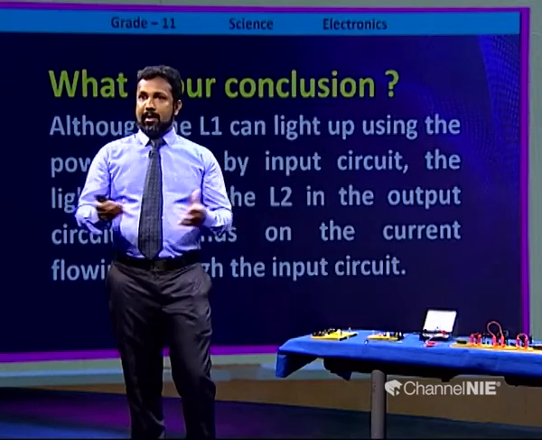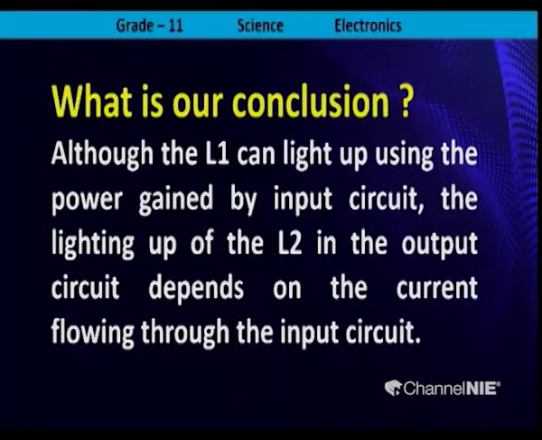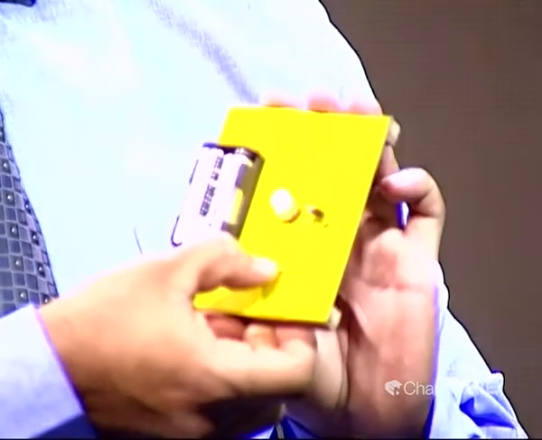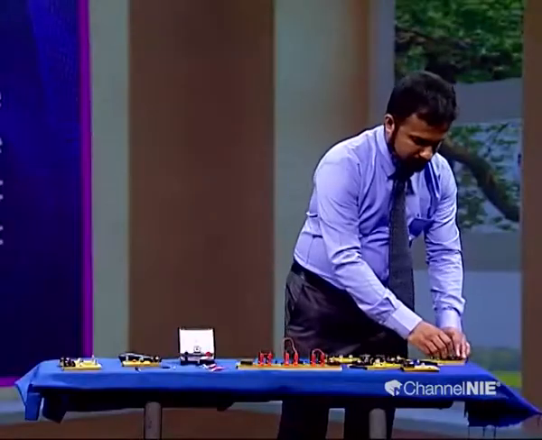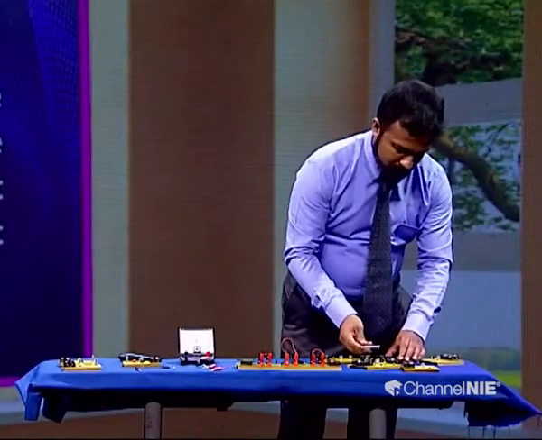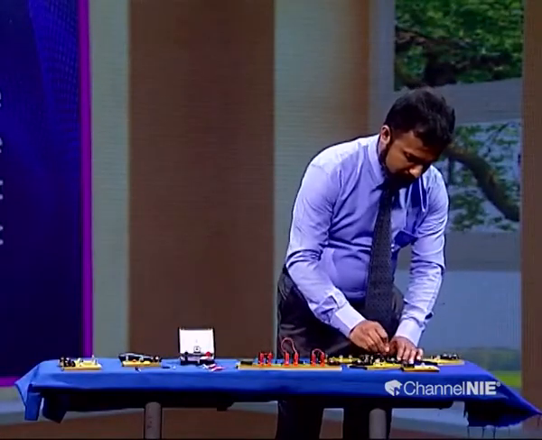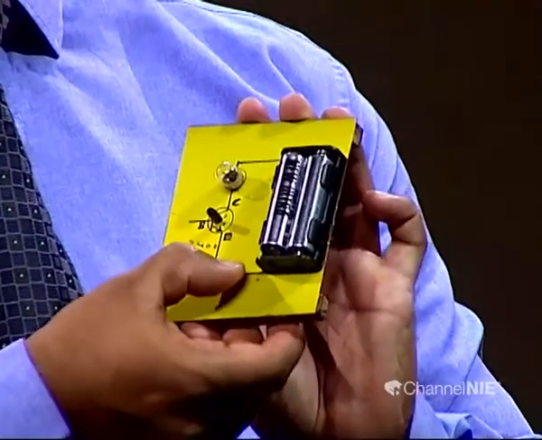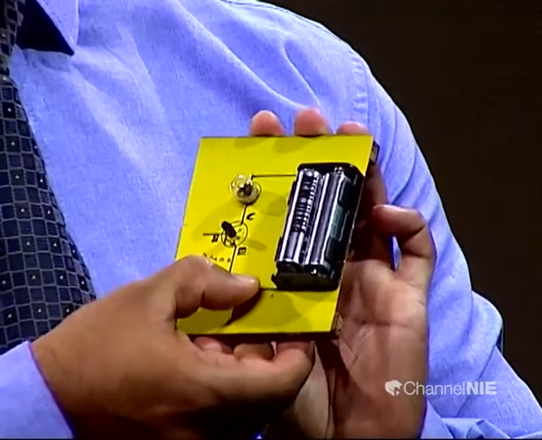Before arriving at the conclusion, let's do a simple activity to study the things that we learn in a practical manner. Right. This is the input circuit. Switch on, L1 bulb lights up. This is the output circuit. Switch on, nothing happens.